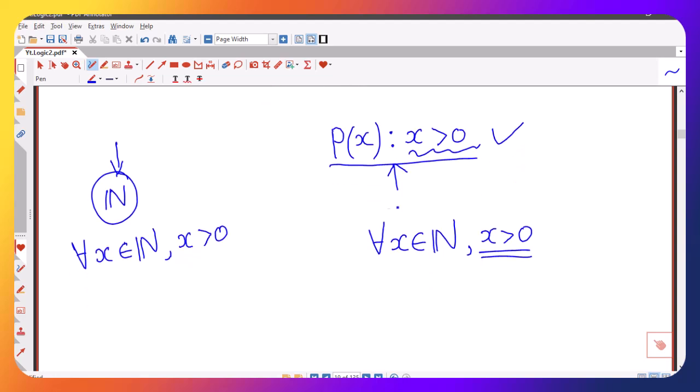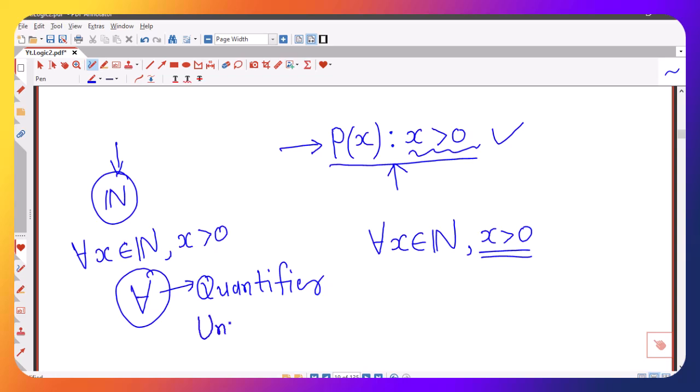So this process is called quantification of a statement function, and we are using this upside down A symbol, which is nothing but a quantifier, and it is known as the universal quantifier. Universal quantifier means we are using this for all x in the given domain or for every x in the given domain.